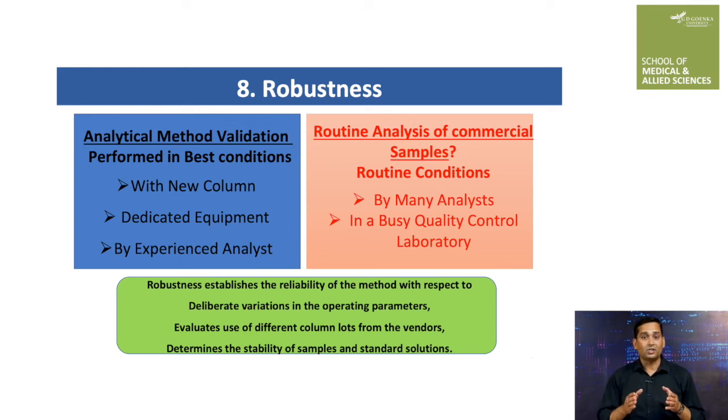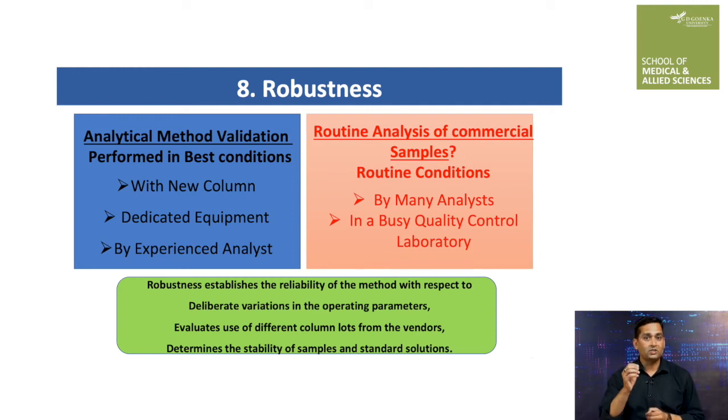But routine analysis of commercial samples may involve many analysts and can be carried out in a busy quality control or analytical laboratory. So, the developed analytical method must be robust enough to produce consistent results even when performed by different analysts and in different laboratories.